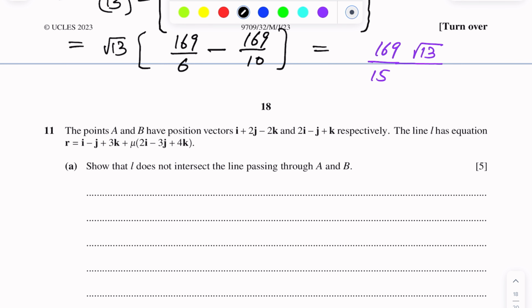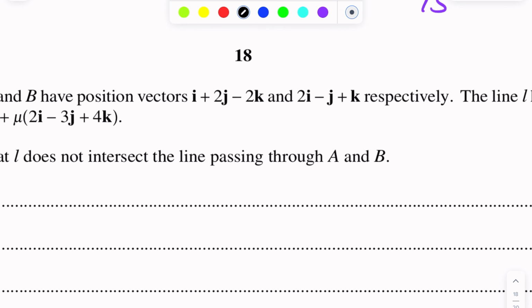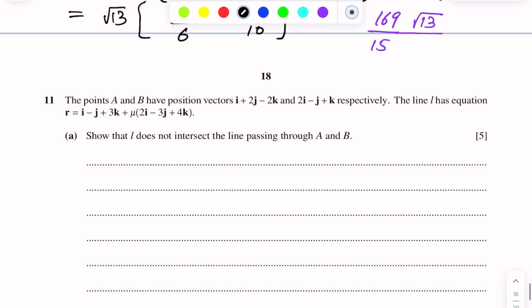Now position vectors of point A and B are given. We will write OA, the position vector of A. OA is equal to i plus 2j minus 2k and OB, position vector of B, is equal to 2i minus j plus k.